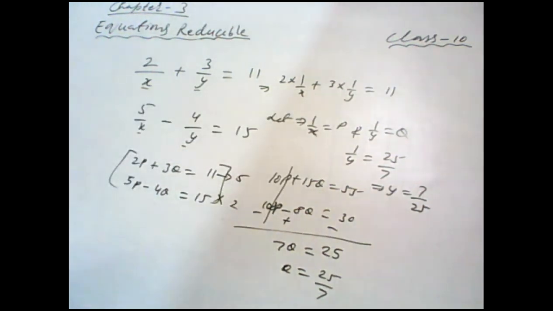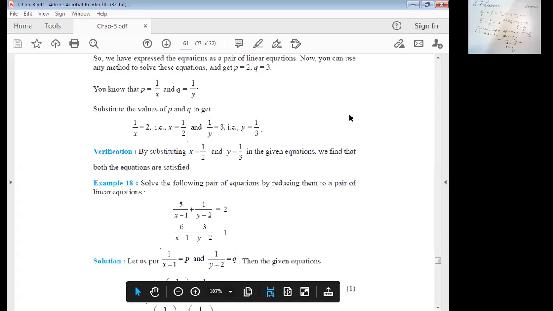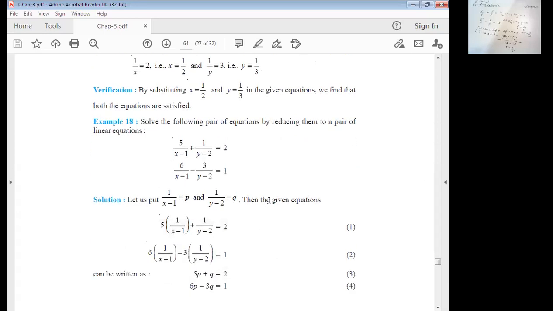Now, look at the screen. Here we have example 18. In example 18, the equations given are 5 upon x minus 1 plus 1 upon y minus 2 is equal to 2, and 6 upon x minus 1 minus 3 upon y minus 2 is equal to 1, right? So here we let 1 upon x minus 1 be equal to p, and 1 upon y minus 2 be equal to q.